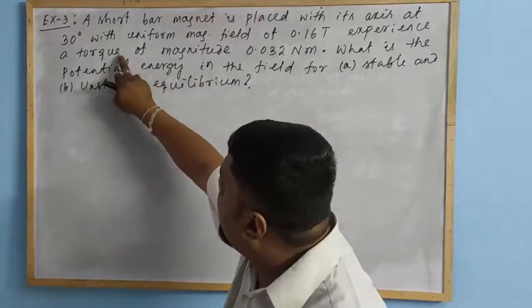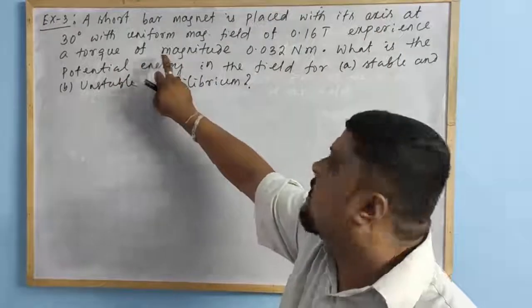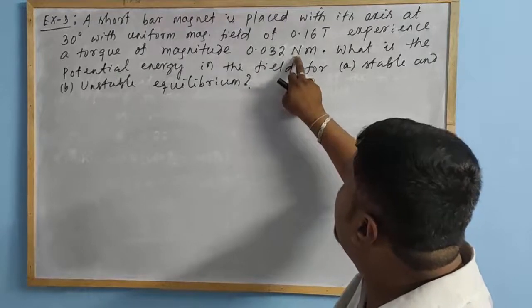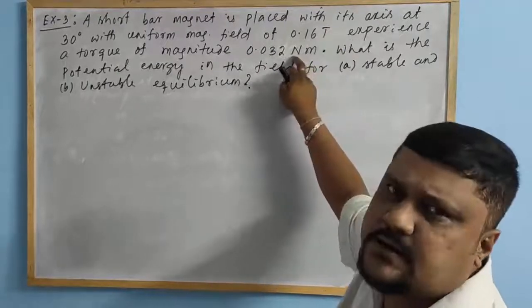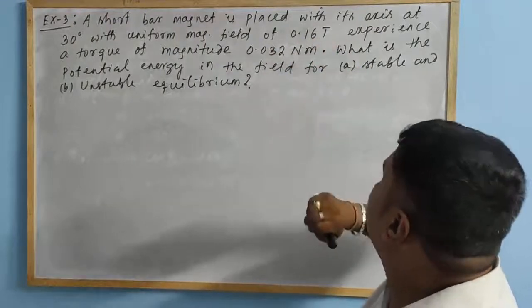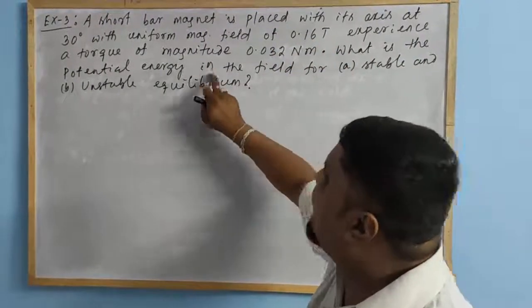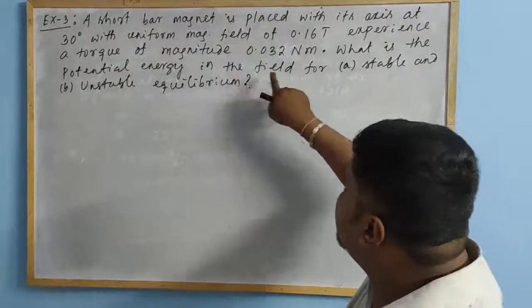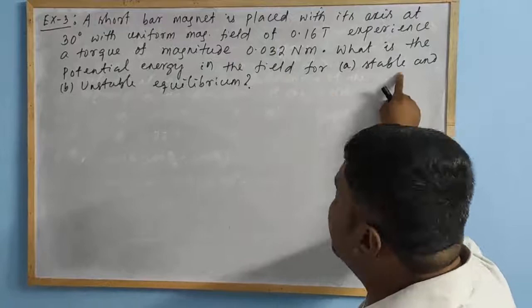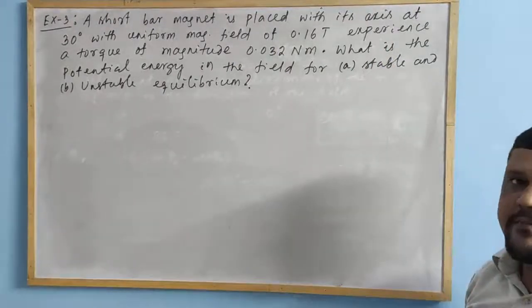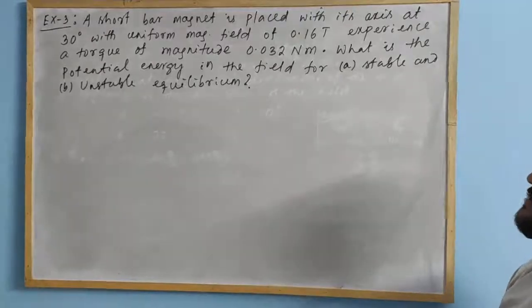It experiences a torque of magnitude 0.032 newton meter, or you can say joule. The unit of torque may be joule or newton meter. What is the potential energy? Here it is asked about potential energy in the field for stable equilibrium and unstable equilibrium. Is that clear? So how to solve this one?